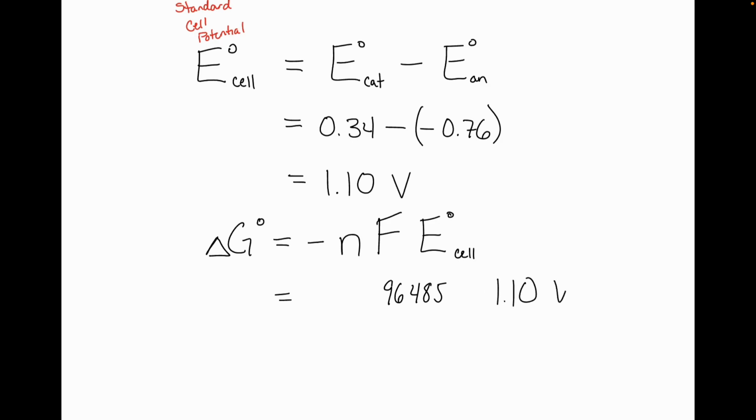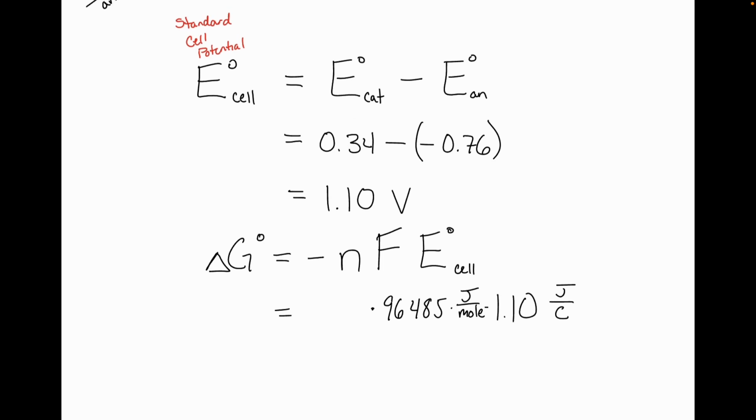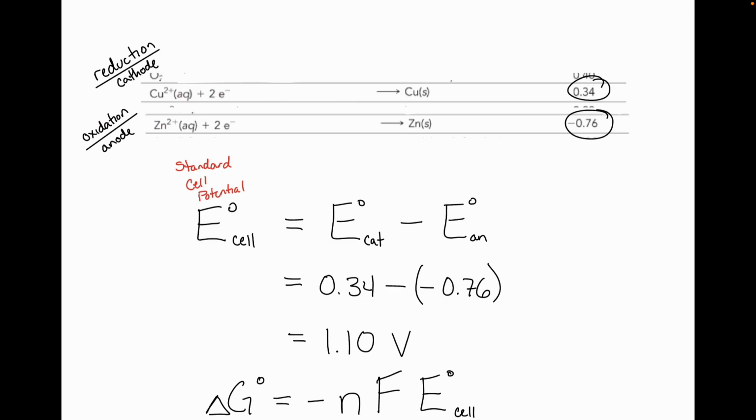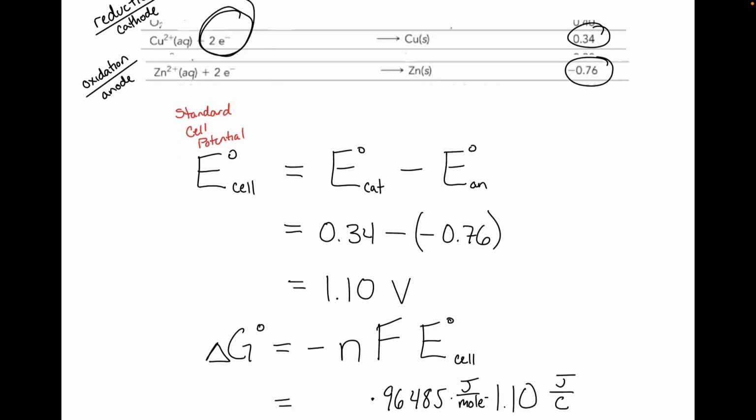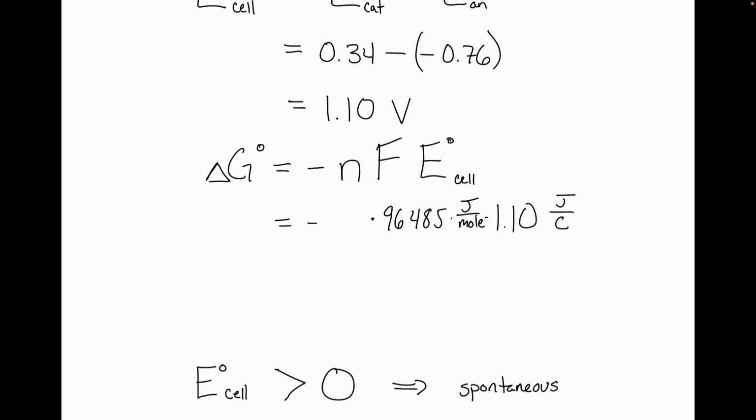Okay, I'm going to write volts in joules per coulomb so we can see our units. And if I have my balanced chemical equation for this oxidation reduction reaction, how many moles of electrons are being transferred per mole reaction? 2, right? So that's what I'm going to use for my value for n. Got to stick that negative sign on there.